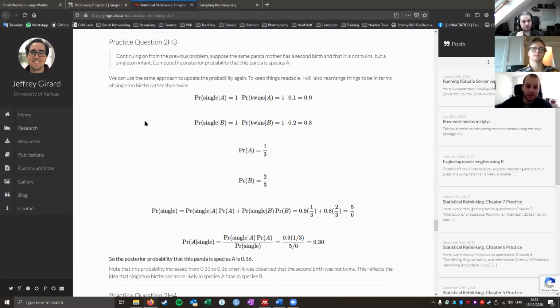And with this, we can use the Bayes theorem to calculate the probability of belonging to species A, given that it is a singleton.